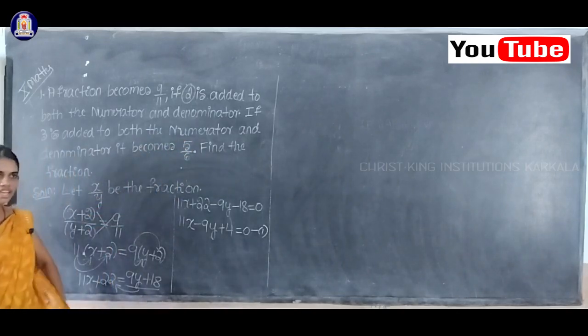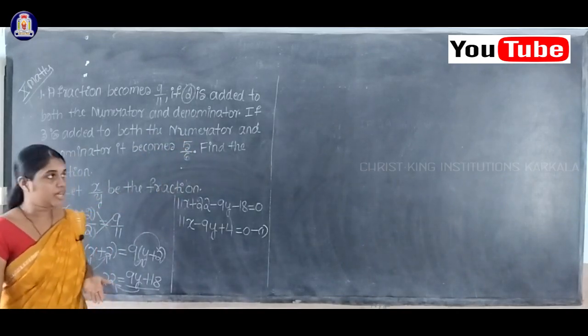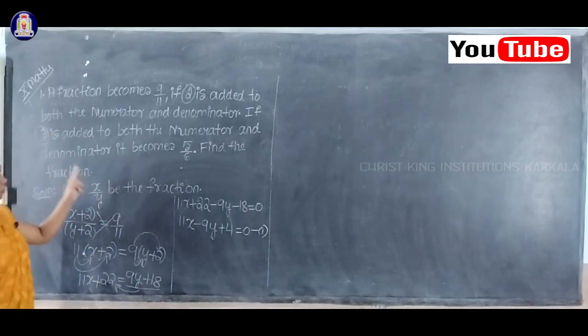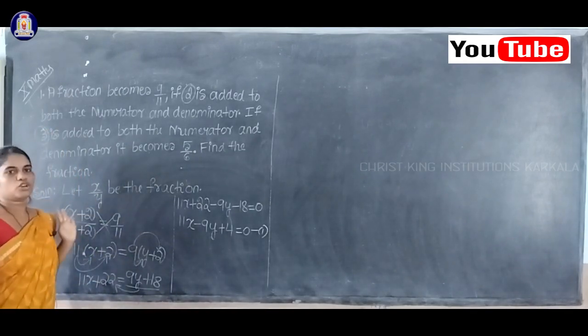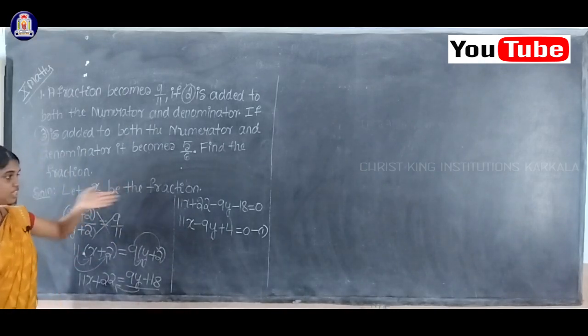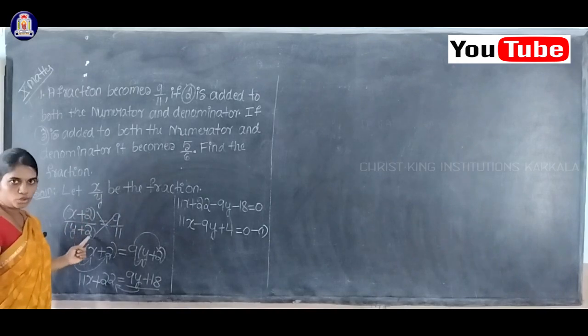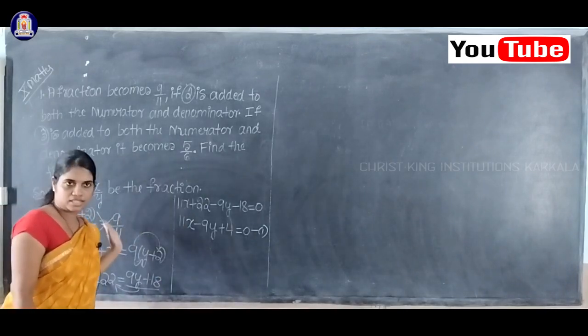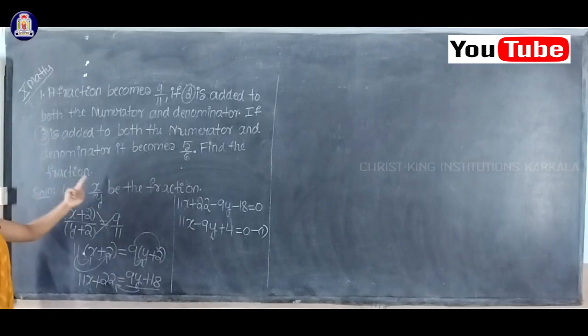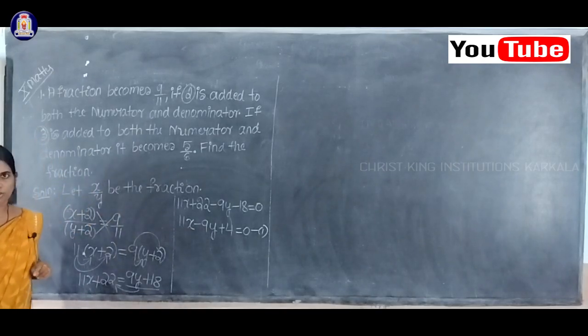So again we have to add the number 3 to both the numerator and the denominator. At the beginning we added 2 in case 1; now in case 2 I'll add 3.